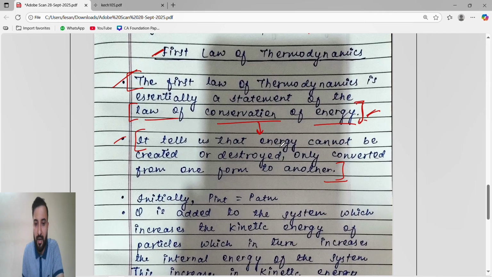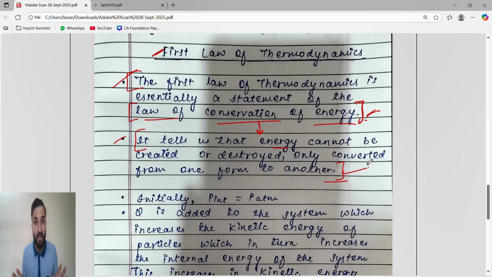It tells us that energy cannot be created or destroyed, only converted from one form to another form. Whenever you have to write the law of conservation of energy or mass, don't just write that energy cannot be created nor destroyed. This is a wrong answer.